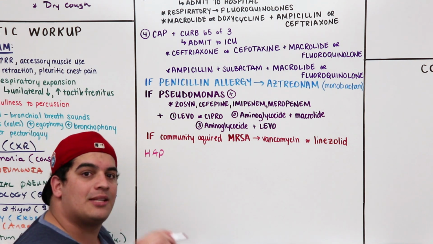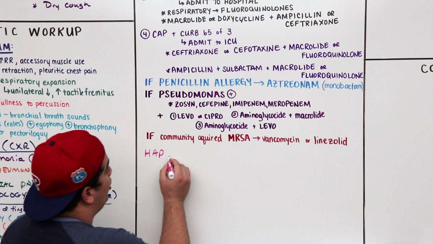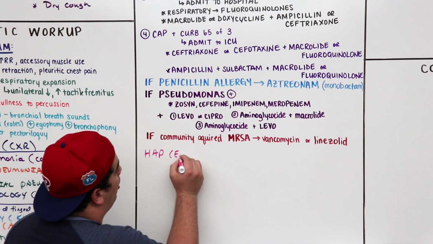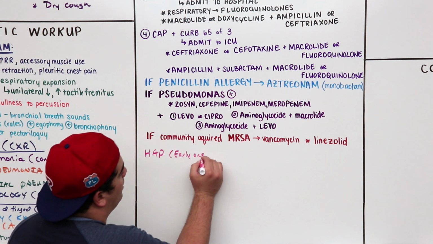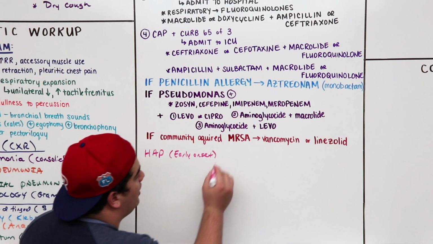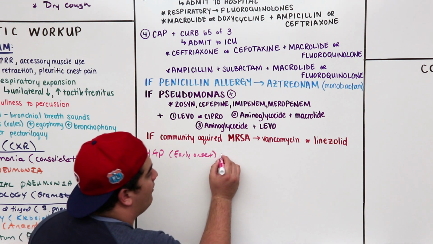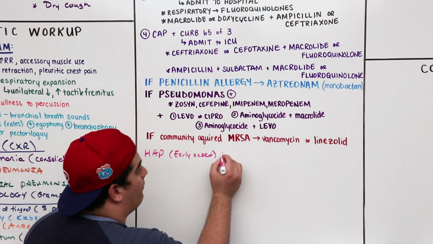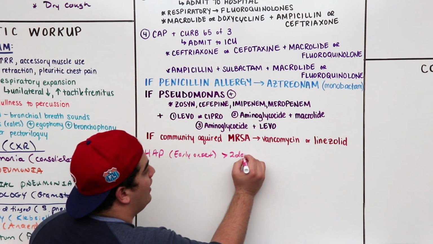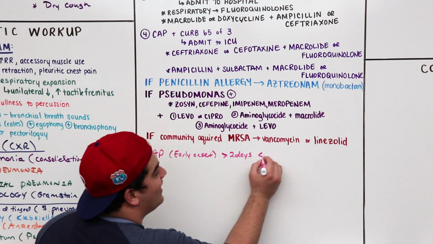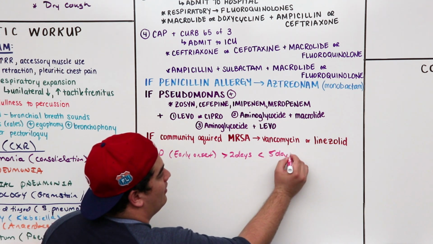And this is hospital-acquired pneumonia that you have, we're going to say, early onset. So what does that mean, early onset? That specifically is saying that you have been in the hospital for greater than 2 days, but less than 5 days, okay?